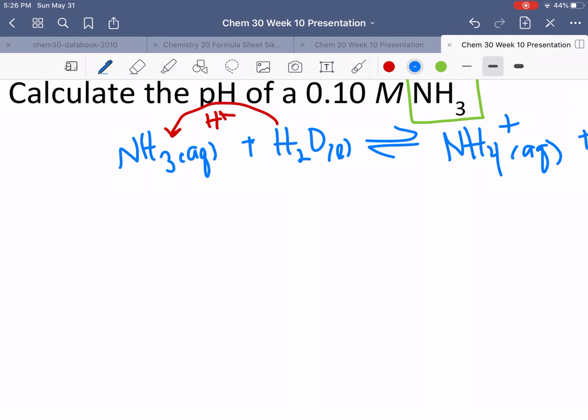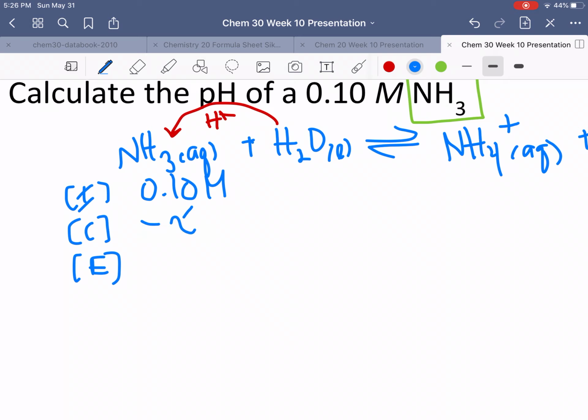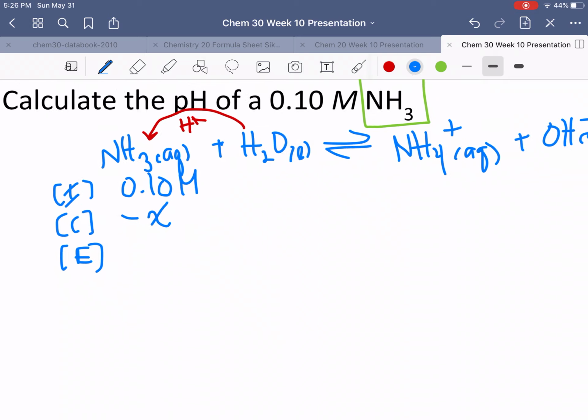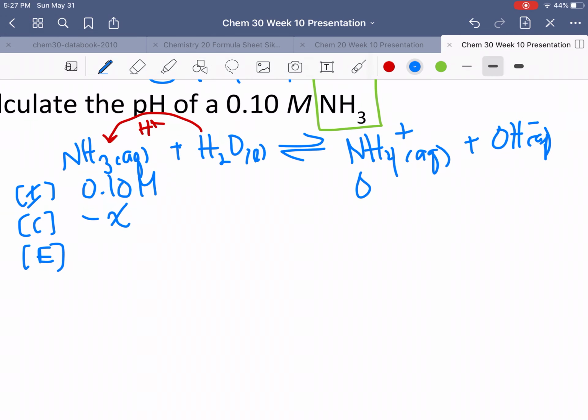Okay, let's go through this process then. This is an equilibrium scenario, so we're going to have to analyze it from an initial, a changing, and then the equilibrium concentration. It begins with 0.10 mole per liter. Now, from there, we're going to subtract some amount. The ammonium ion starts at 0 mole per liter, as does the hydroxide. Both of these are going to go up by an X value.